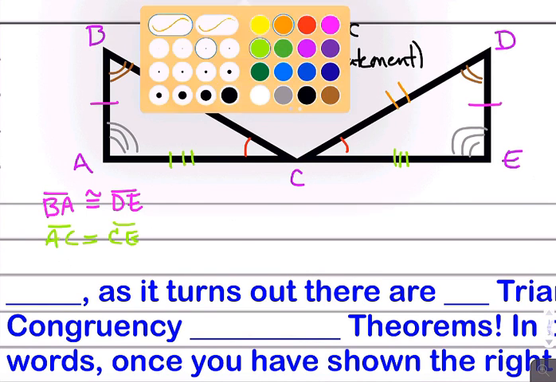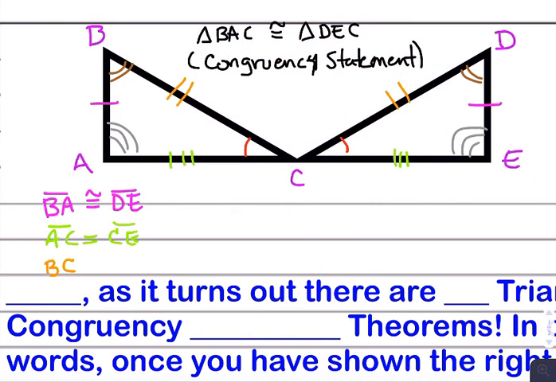And then for this final one, we'd have to prove that segment BC is congruent to segment CD. Now, as for the angles involved here, again, we're going to name these angles using the typical convention. So we have angle BCA congruent to angle DCE.